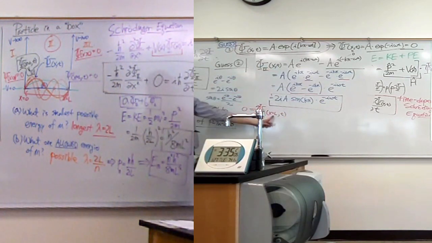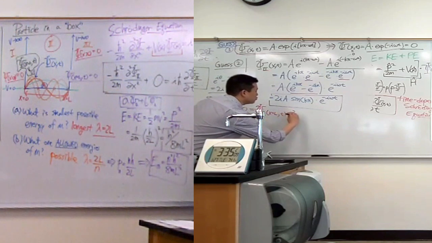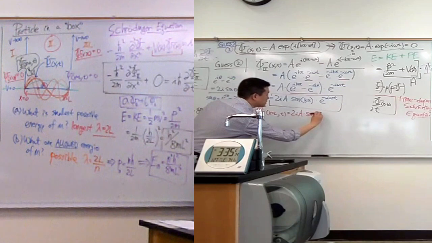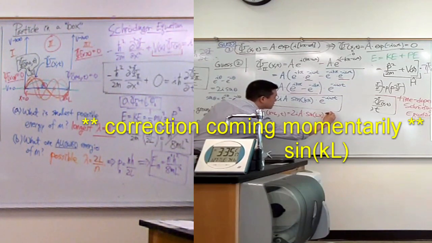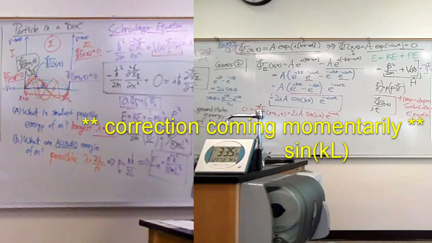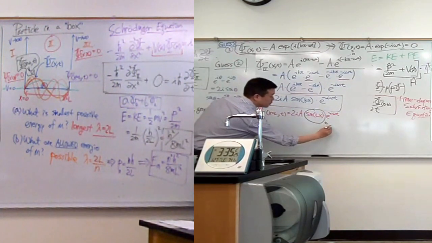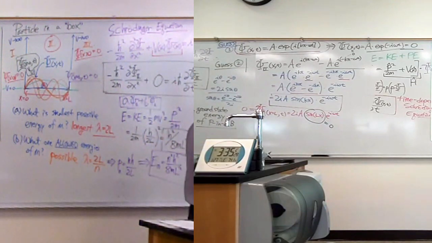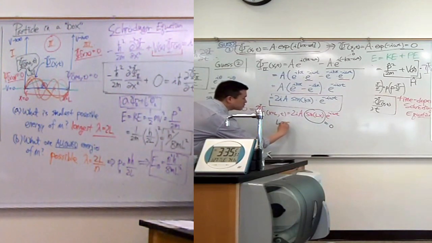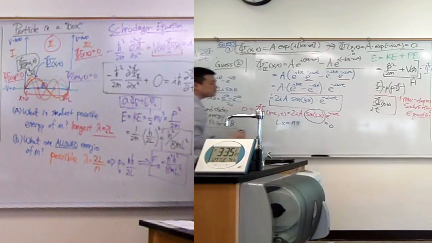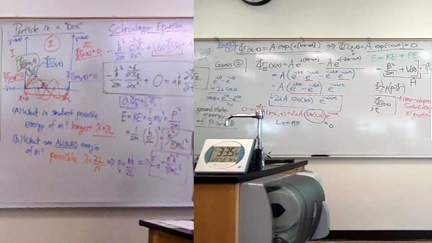Then plugging in x equals L, what we have is 2i times A times sine of Lx times e to the minus i omega t. So this is the only free parameter I have, so this must be equal to 0. So I guess L times x must be a multiple of pi. If it's 0, pi, 2 pi, 3 pi, it's going to be 0, right?